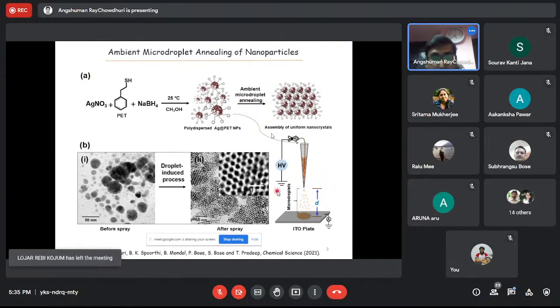So this is the before spray, as you have seen. Again, this is the before spray and this is after spray. And here you can see how monodispersed it is. A hexagonal arrangement of the nanoparticle crystal is forming. Sometimes we call this superlattices of the nanocrystals.